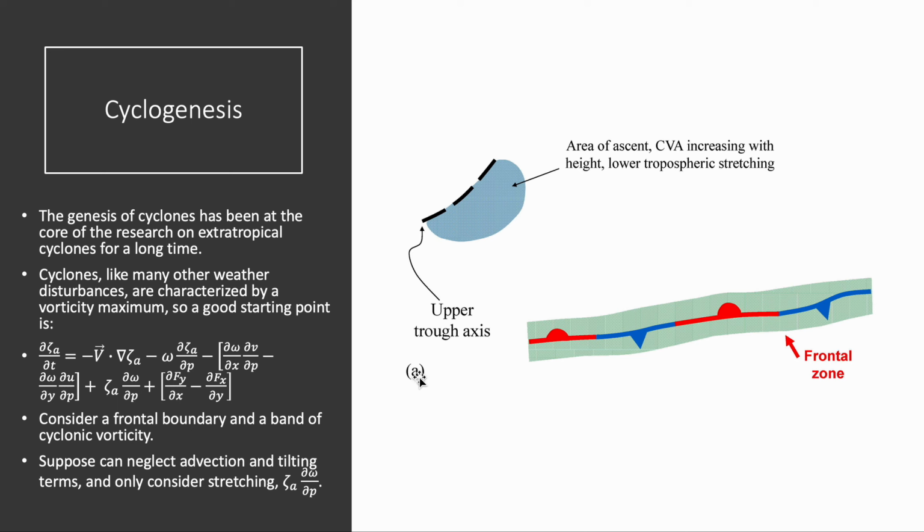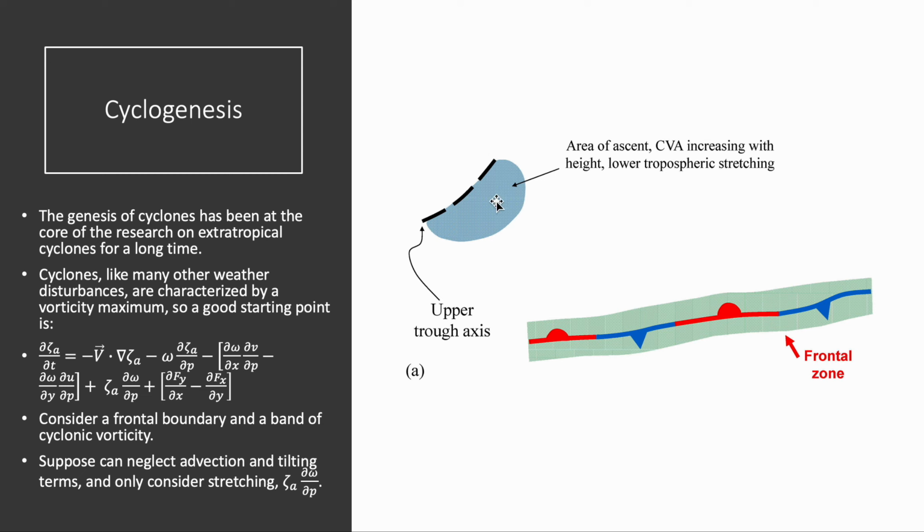And we could think of this hypothetical situation where we have some kind of a prefrontal zone, frontal zone over here, and maybe this is a stationary front, so it's not going anywhere. There are two different air masses that are moving at opposite velocities, and this would be a natural region to create vorticity because of shear instabilities that might be formed along the front here.